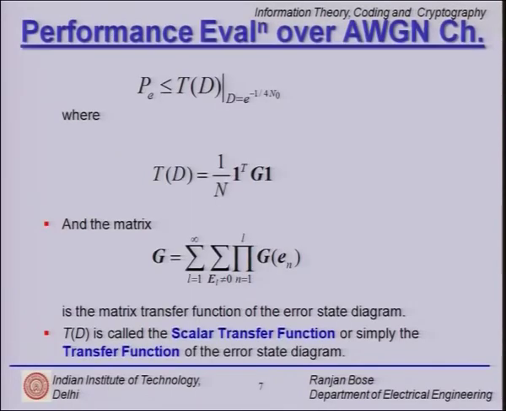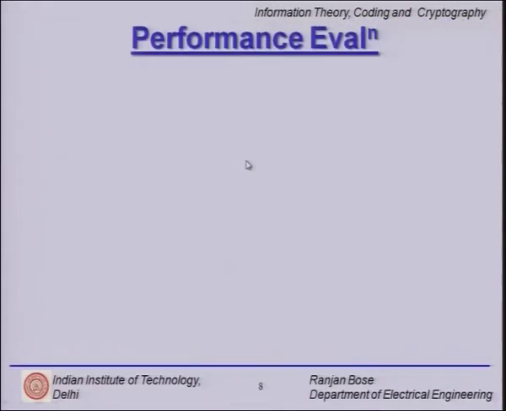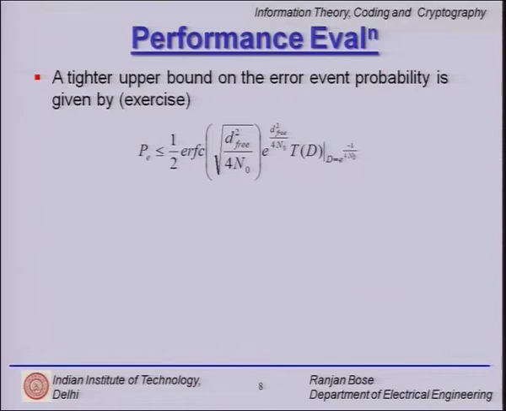Then we went on to define this probability of error in terms of the scalar transfer function T(D). We have learned how to calculate T(D) using a modified state diagram, and we figured out that finally we can upper bound the error event probability P by the following expression.